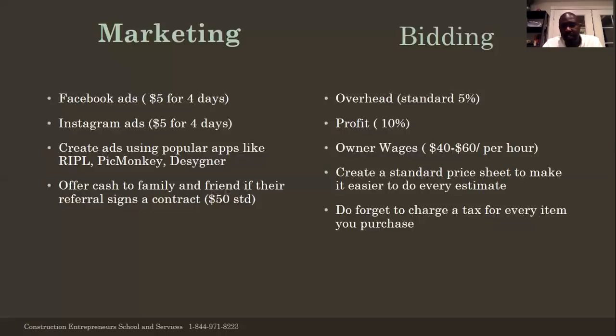I always tell owners that they should be making anywhere from $40 to $60 per hour. Their company should be paying them that much per hour or a salary. Okay, a lot of individuals are going wrong because they actually are pocketing the money that they make from each job. Why? Because they're not factoring in these percentages, in these wages.